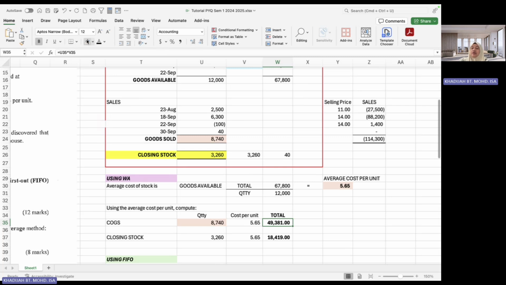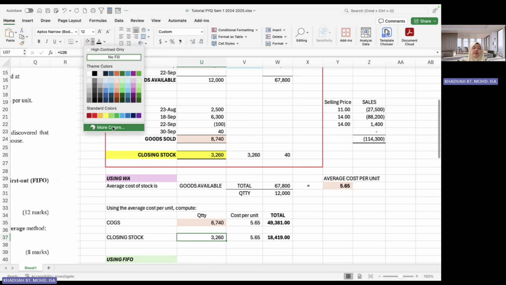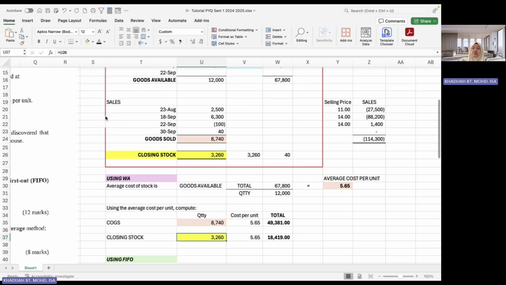Your total is 49,381. Then for closing stock, it is based on 3260 times 5.65, the average cost. Where do you get that figure from? From the computation above, 3260 times 5.65, that is your closing stock, 18,419, using weighted average.